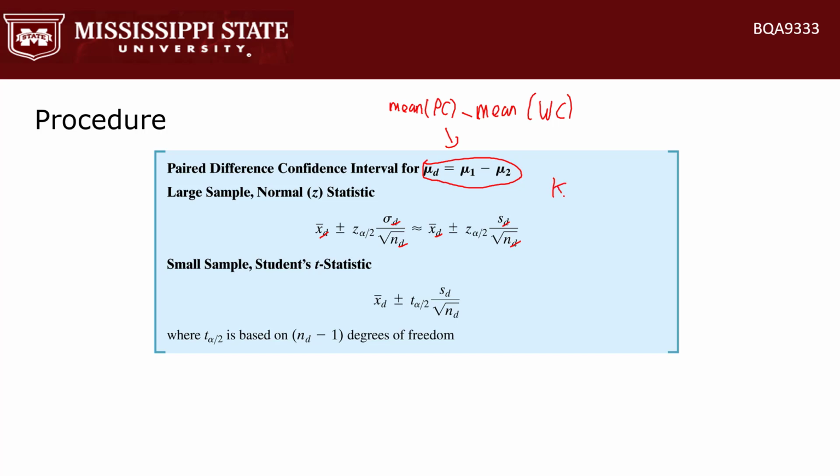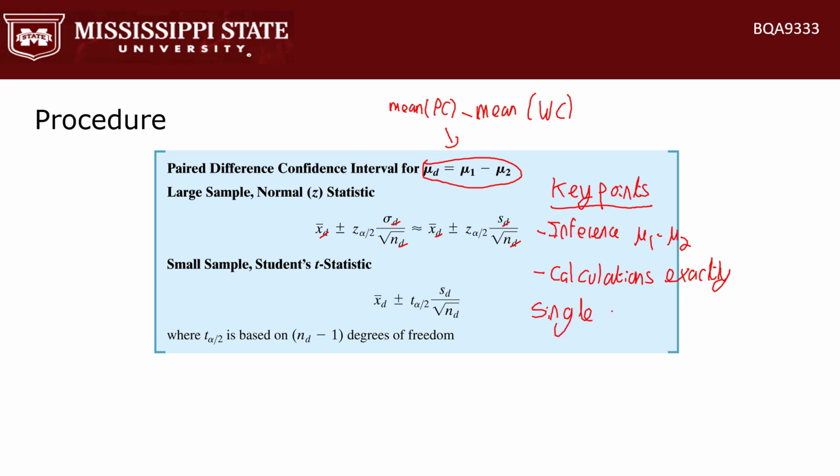So some key points: we're making inference on mu1 minus mu2, just like the independent samples tests, but all our calculations are exactly the single sample test, but on the differences.